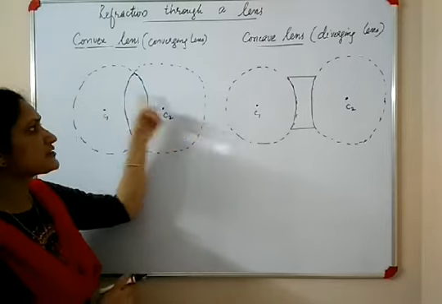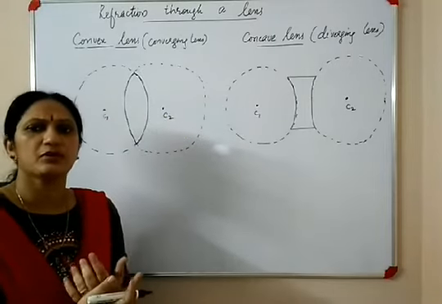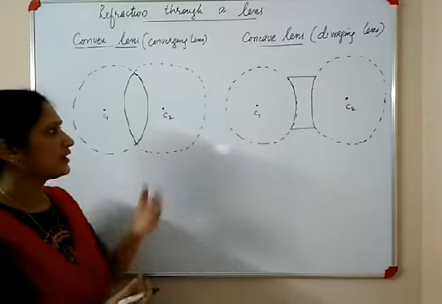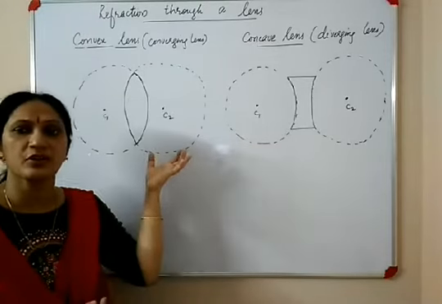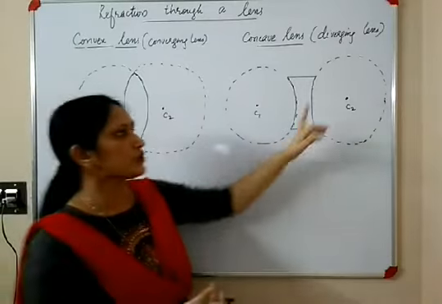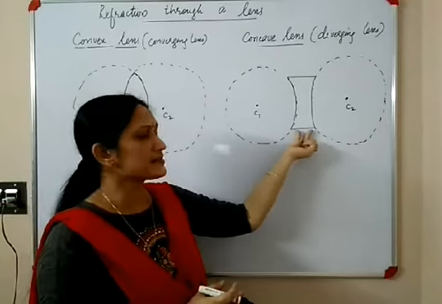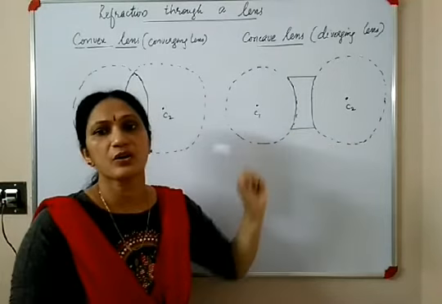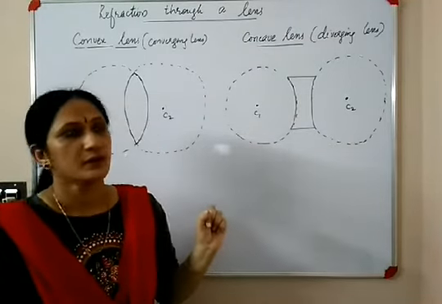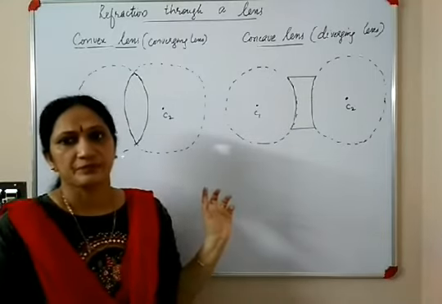These spheres can be of different radii also. You will study about them in higher classes. In your syllabus we are studying equiconvex and equiconcave lenses. In this case also, if the two spheres are of the same radius, that lens we call an equiconcave lens.